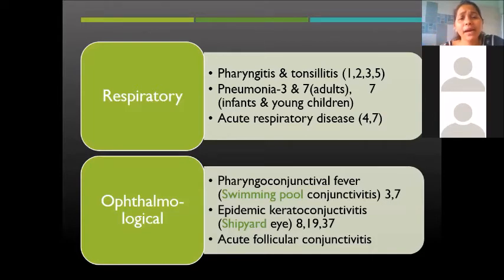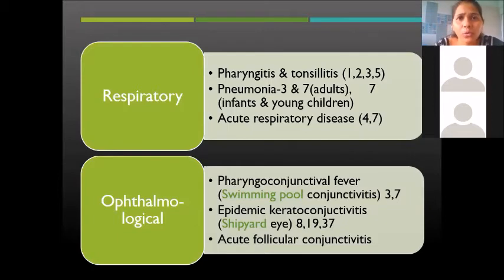And there is shipyard syndrome or epidemic keratoconjunctivitis, which is caused by some exotic strains. If we consider 1 to 7 common strains, then it is by 8, 19, 37. Also, adenovirus leads to acute follicular type of conjunctivitis.